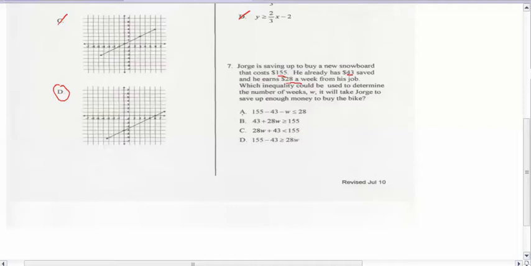Not this one, because we don't want to get 28, and we don't want to get 28W. So it's these two. This side of the inequality is the same. It's just addition. It can be in any order. Now we need to decide, when you go in the store, can you have less than 155 or do you need more than 155? When I go to buy something, I want to make sure I have more money, not less, because I won't be able to get it. Okay, so that's 1 through 7.